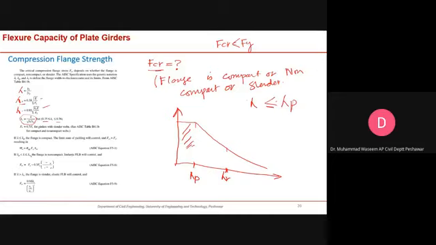Okay, and in this case your flange will be compact, and in this case your FCR will be equal to Fy. Okay, if your lambda is between this limit and this limit, then you have to calculate FCR with a different formulation, and this is lambda p, lambda r. Okay, so this is the thing.